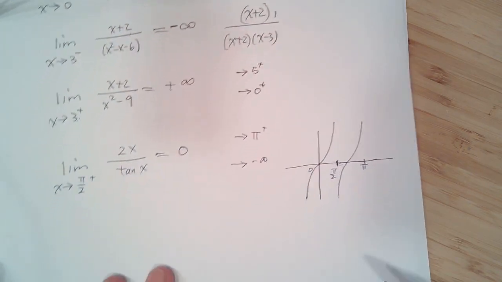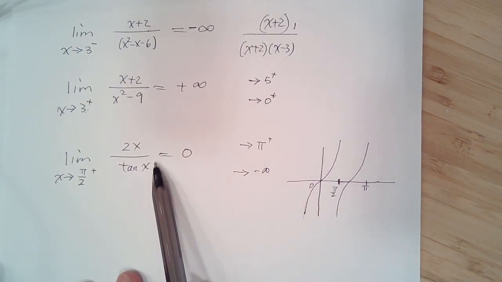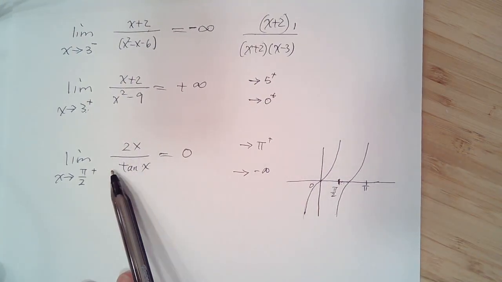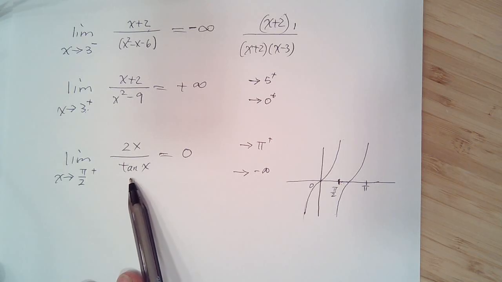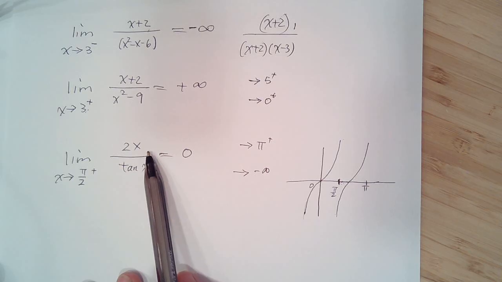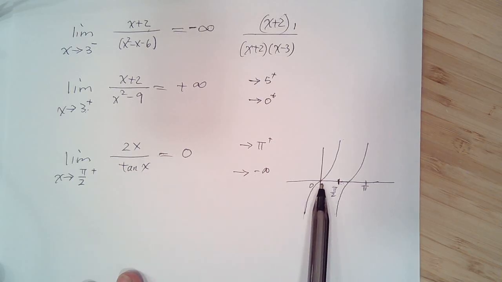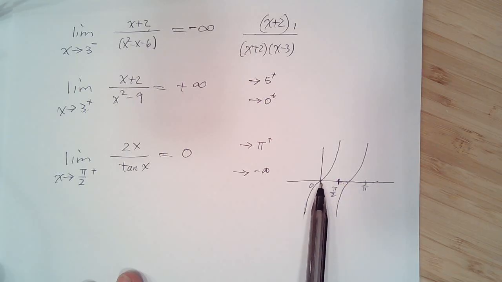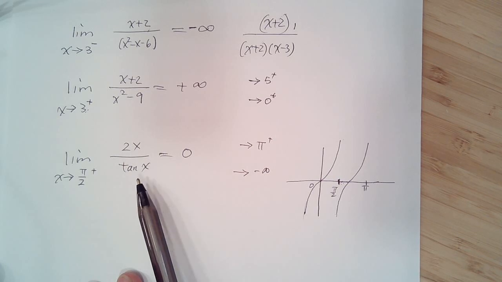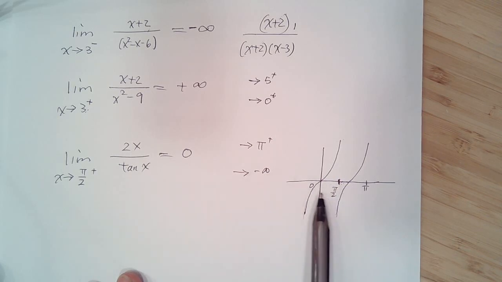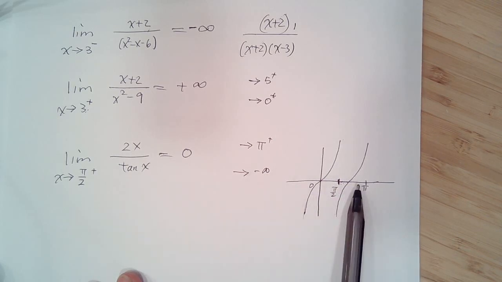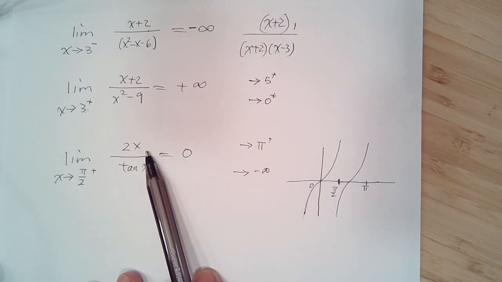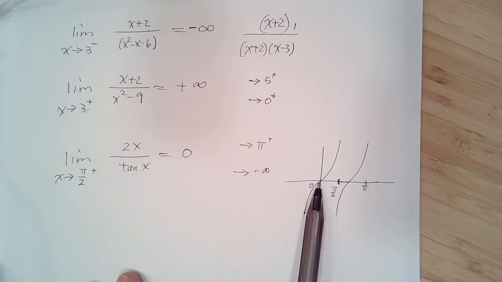So I will ask you this. Can you determine the asymptotes for this function? For this function, what x value will make the denominator 0, but the numerator not 0? The denominator is 0 at 0 and pi, right? That will make the denominator 0. But the numerator must not be 0.